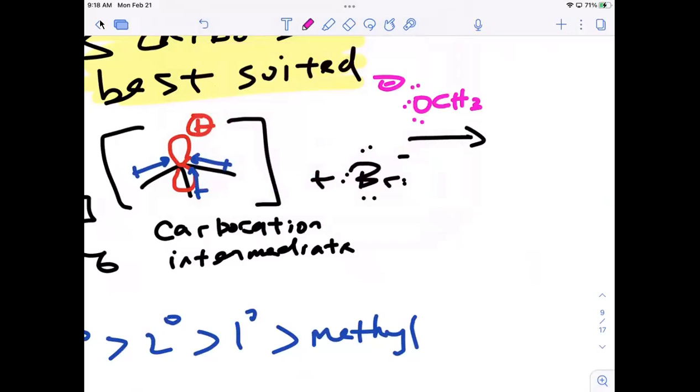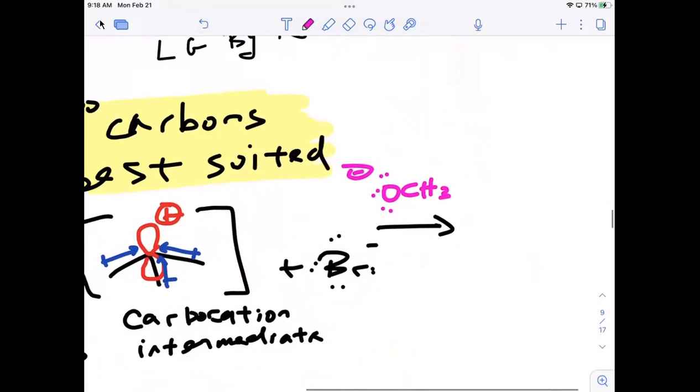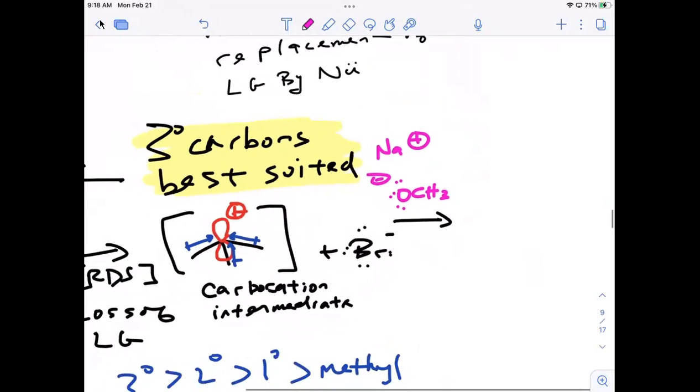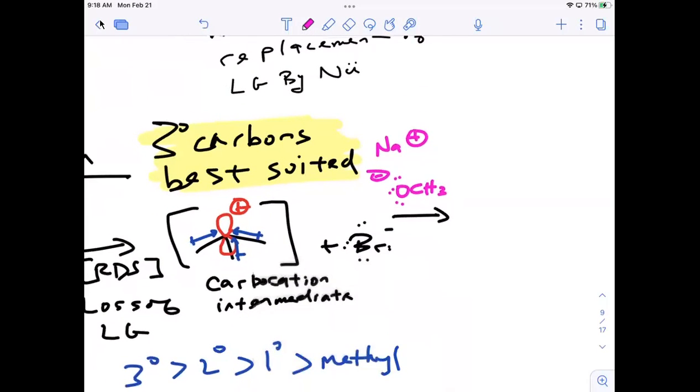There's always some counter ion, some cation to keep it neutral. So let's say for the sake of the example that we use sodium methoxide. So Na plus.